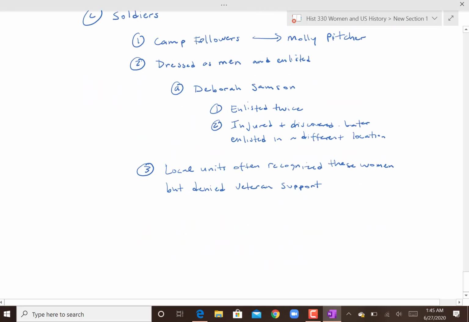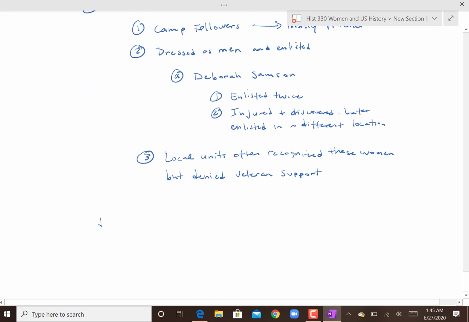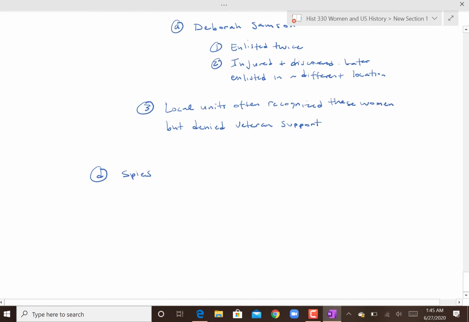And then lastly, women also functioned sometimes as spies. There were, in both this war and the Civil War, women who were spies. One of the reasons why women were effective as spies is that women were less likely to be suspected as spies.